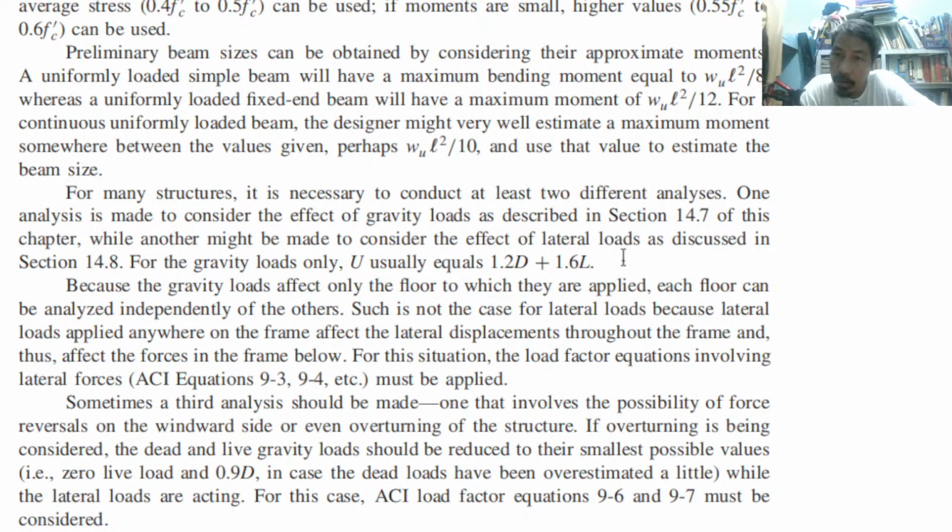Lateral loads are those loads that are horizontal or inclined. Gravity loads are the vertical loads. For gravity loads only, U usually equals 1.2D plus 1.6L. We already know these things.